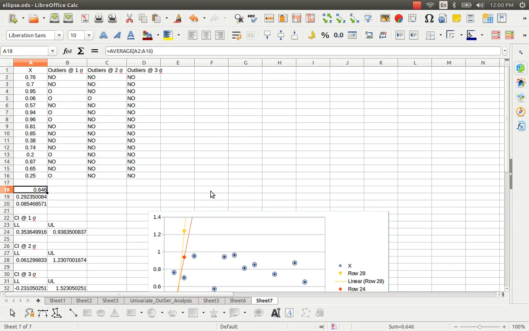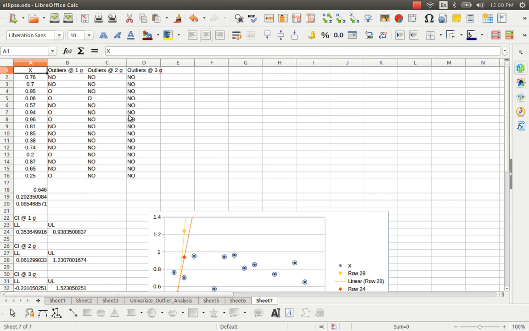If the difference is significant, then we will keep the data without outliers. If the difference is not significant, then we'll continue our analysis with the actual data set. That is the simple step that I'm going to do.